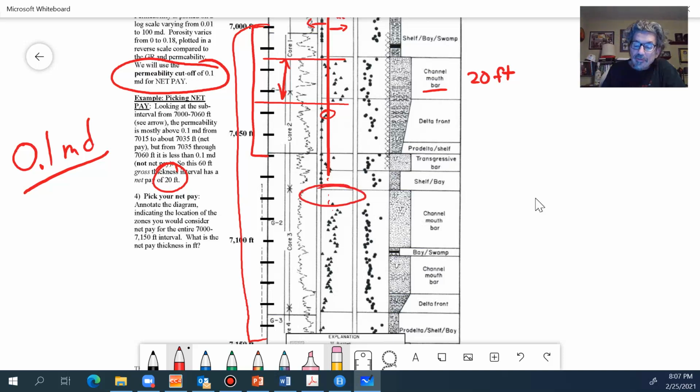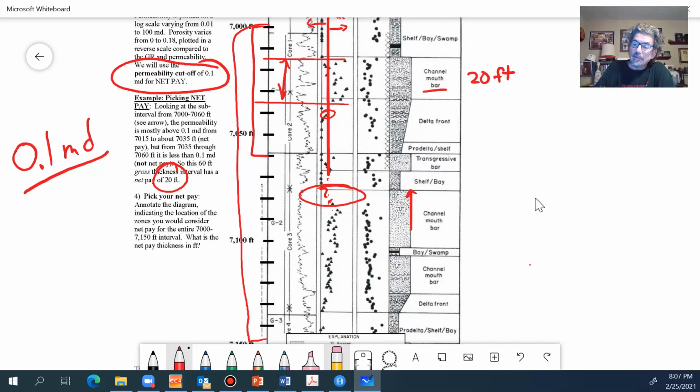And you can see there's a lack of data from core plugs right there, but you can see it's the same depositional facies. So I'll let you decide what you think the permeability is in that section.